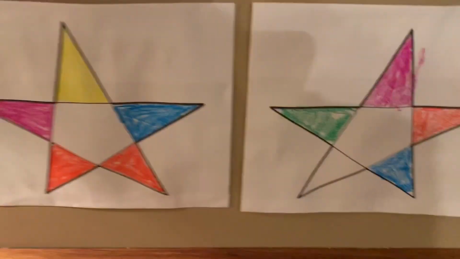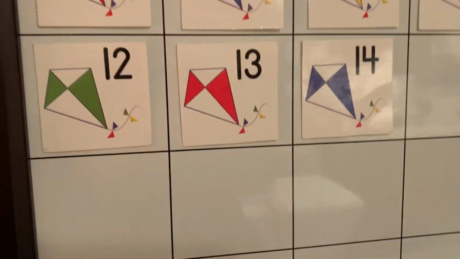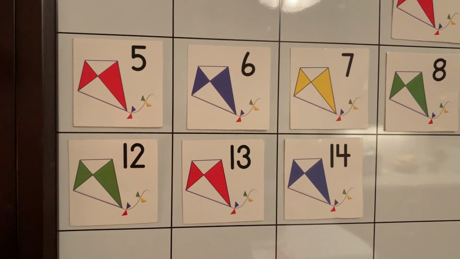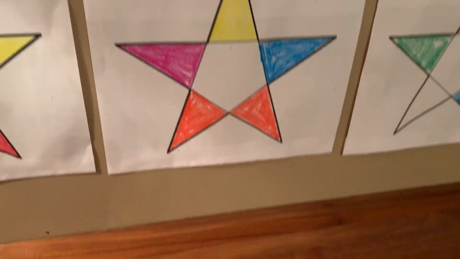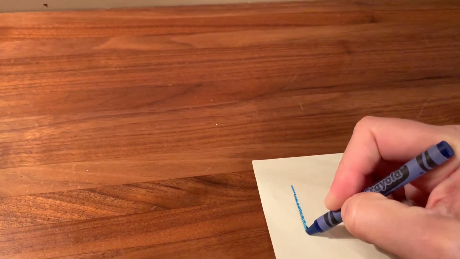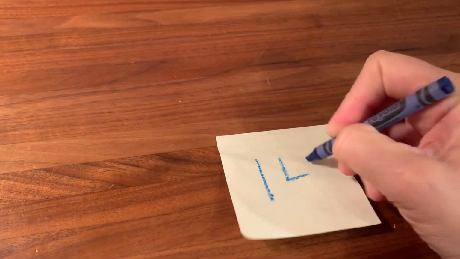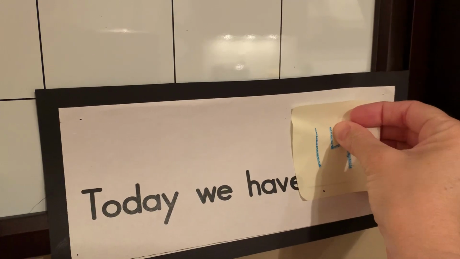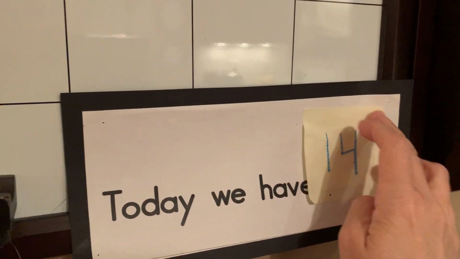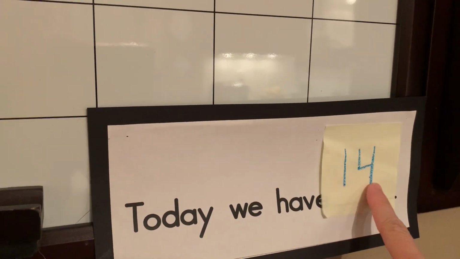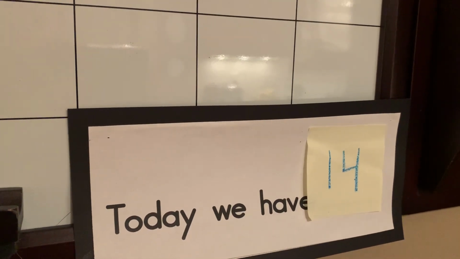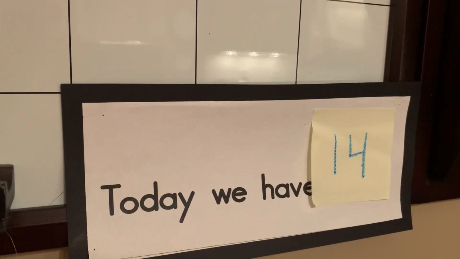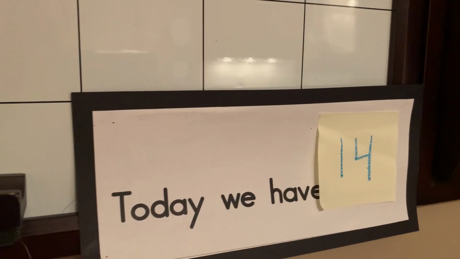Now when we write a 14, we have to remember that a 14 is a 1 and a 4. And something important about numbers, we've talked about this, it matters what order you put your numbers in. 14 is a 1 first and a 4 second. If I change those numbers, it would be 41. So it matters what order we put our numbers in.